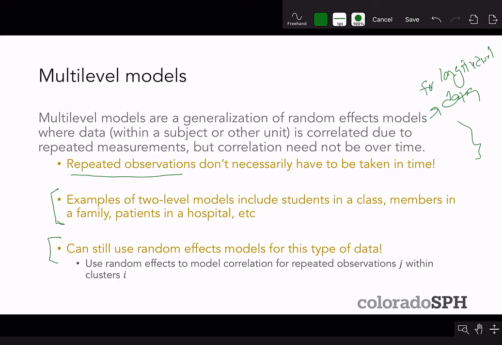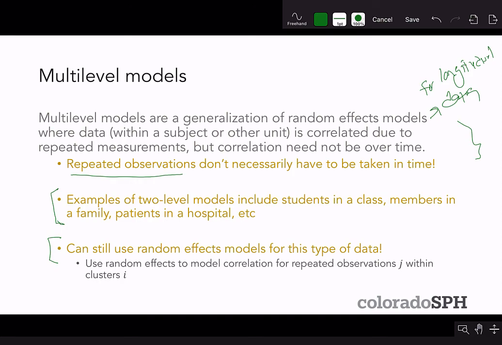Say you're interested in test scores, and you have multiple different classes, and you have students in each class, and you think that test scores might be correlated within a class. Another way that you could have correlation like this is you have multiple families and multiple members in each family, and members within the same family might be correlated, or patients in a hospital, etc.